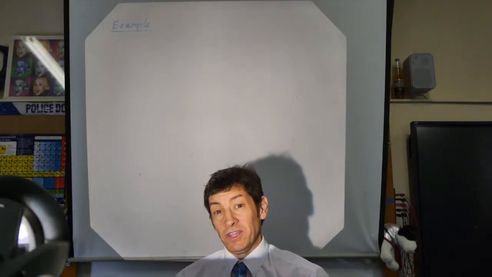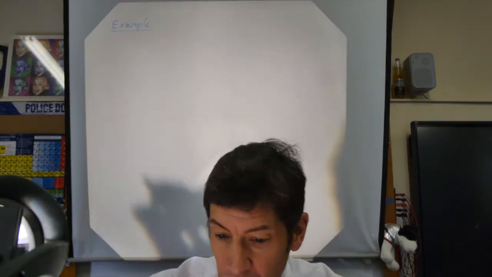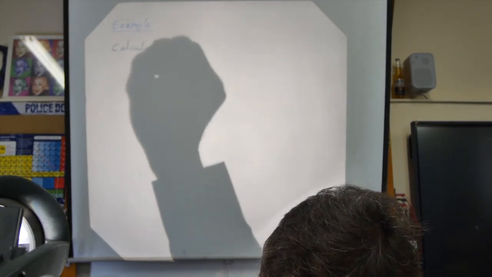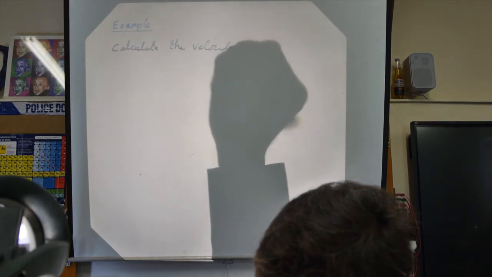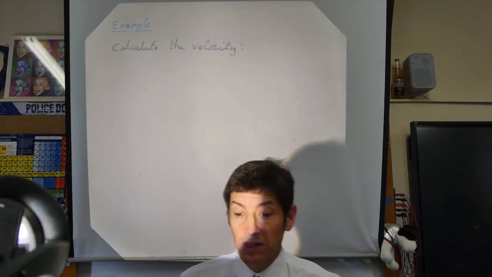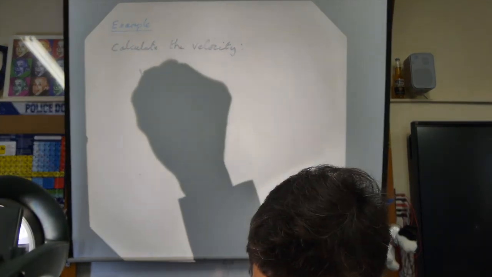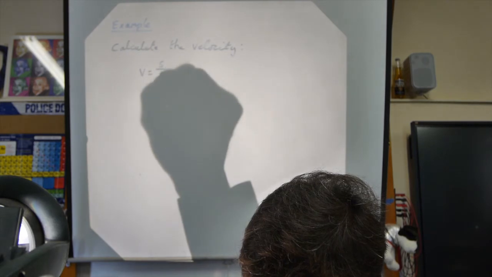So I'm sure you got that absolutely fine, but I want to do one more example just to make the point. Let's calculate a velocity, and we're going to do this properly. Our formula: velocity is displacement divided by time.